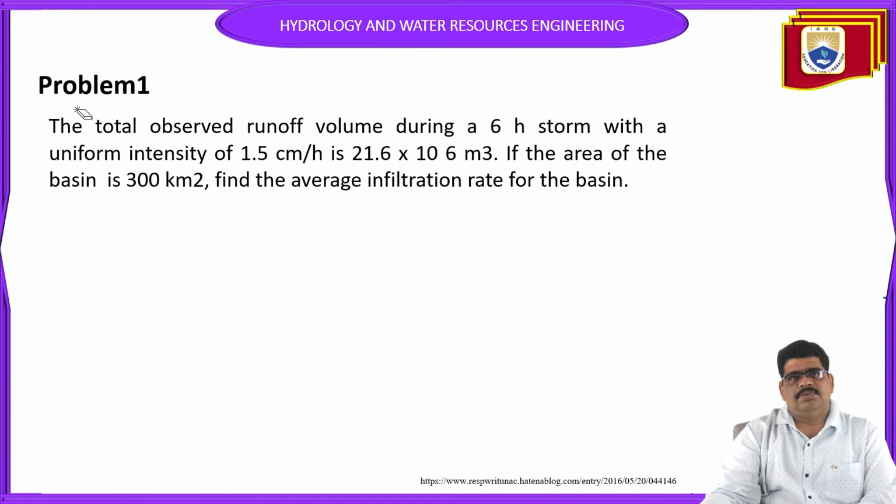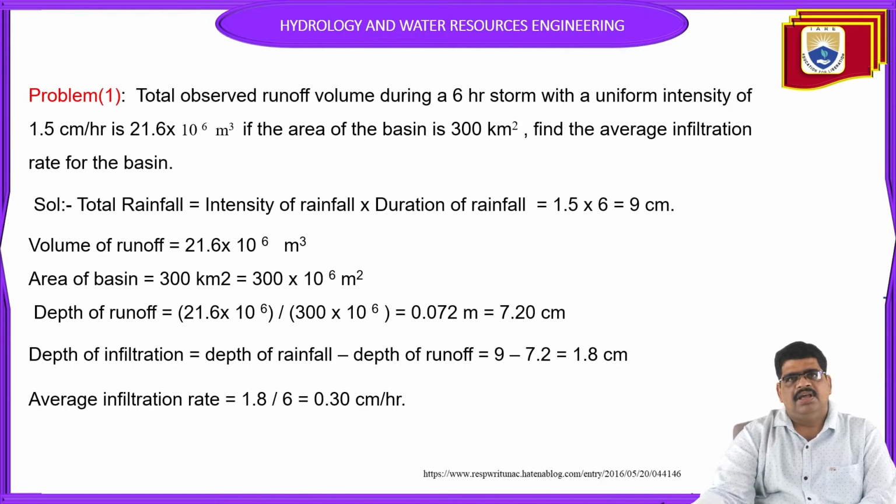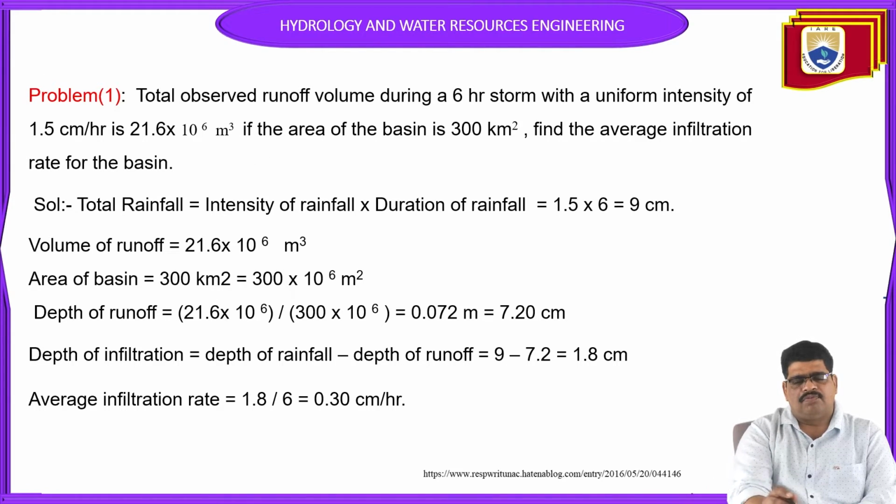Now let us solve some numericals on the Phi Index. The total observed runoff volume during a 6 hour storm, with a uniform intensity of 1.5 centimeters per hour, is 21.6 times 10 to the power 6 cubic meters. If the area of the basin is 300 square kilometers, find the average infiltration rate for this basin. That is the problem given.